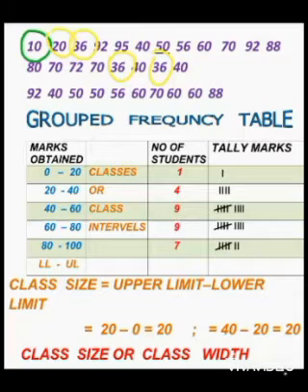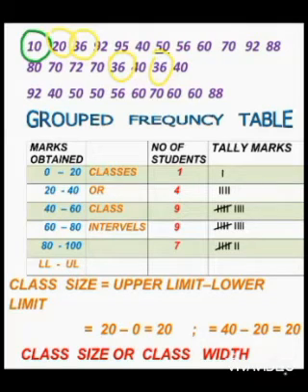Okay, children. Now see, in the first class interval, what is the least number? 0. So 0 is called the lower class limit. And 20, the greatest number here, is called the upper class limit.